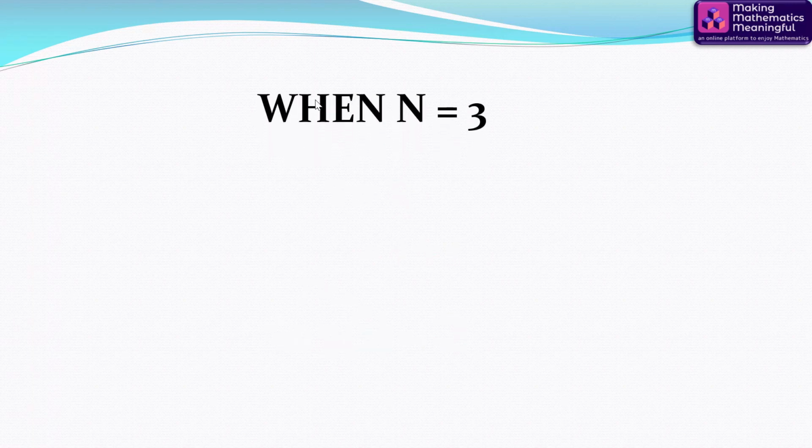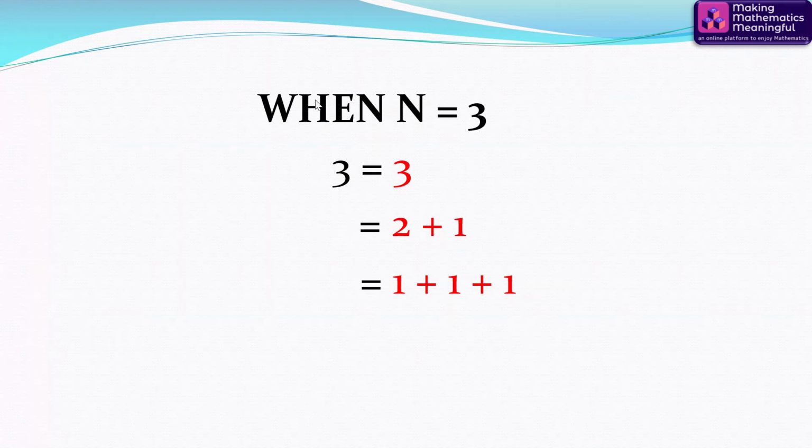When n is equal to 3, we can easily observe that 3 can be written as 3, it can also be written as 2 plus 1, and it can also be written as 1 plus 1 plus 1, so that p of 3 is equal to 3. So, the total number of ways to partition the number 3 is 3.